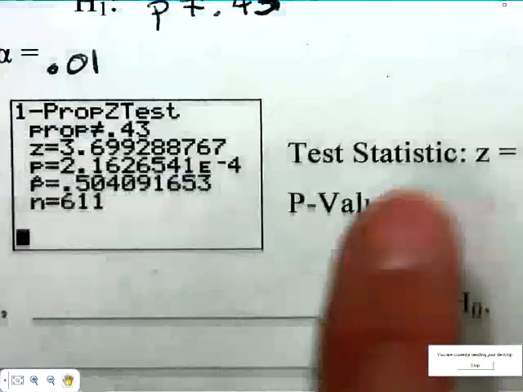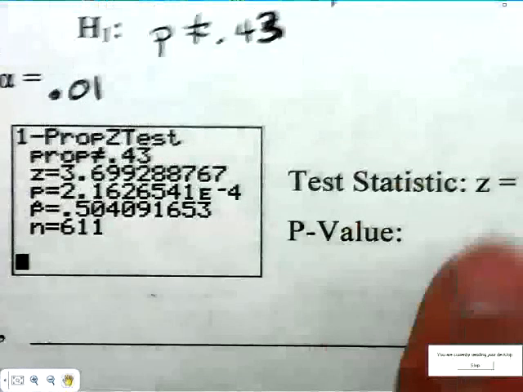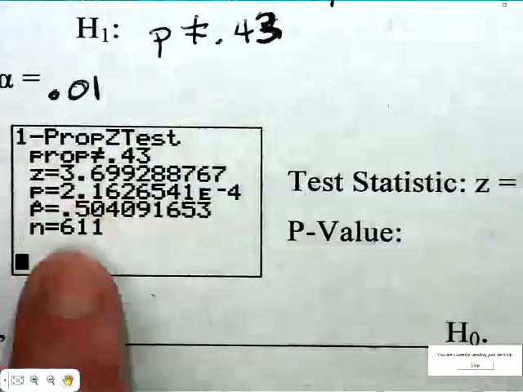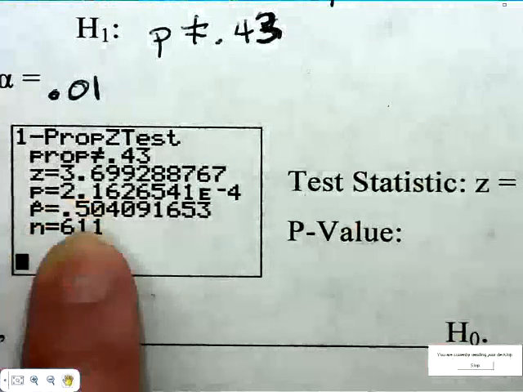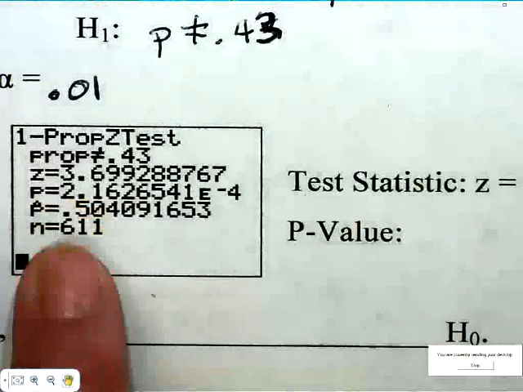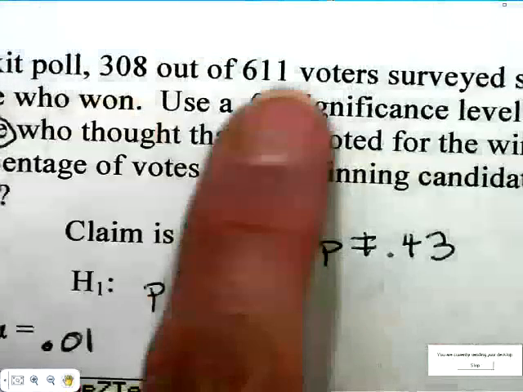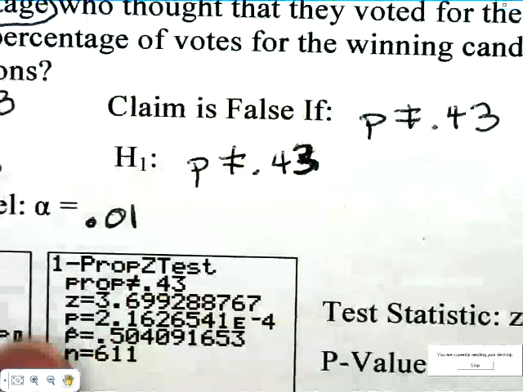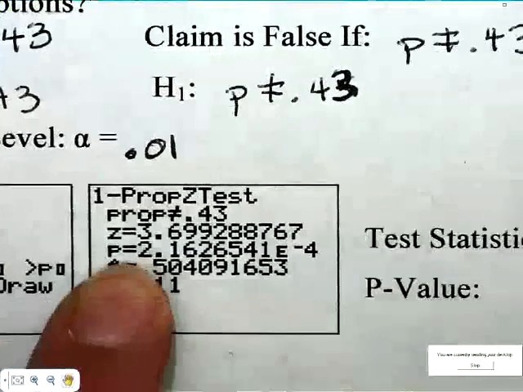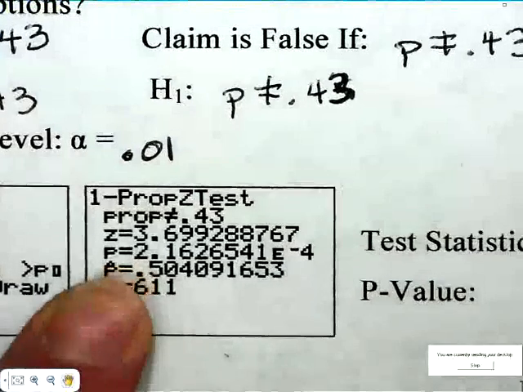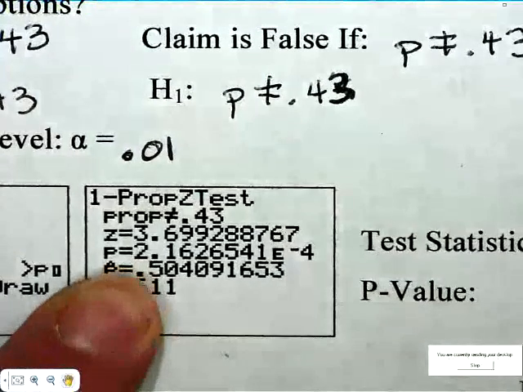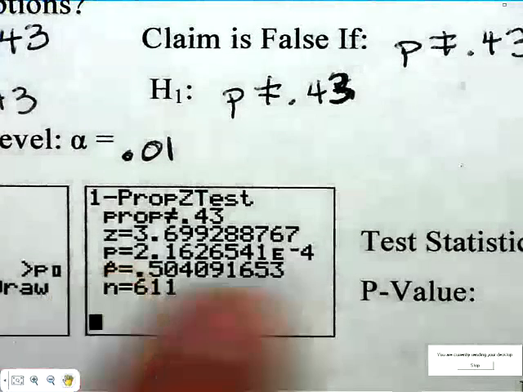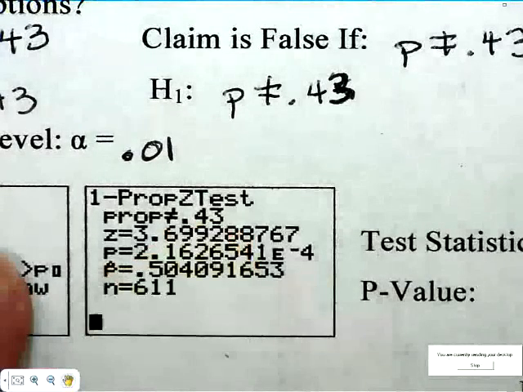The p-value for that test statistic is, now that's the sample proportion. P-hat is 0.5, meaning 308 out of 611 is about half. That's what p-hat is. P without the hat is your p-value, and is my p-value 2.16 right here? No, because that E means move the decimal 4 places to the left.